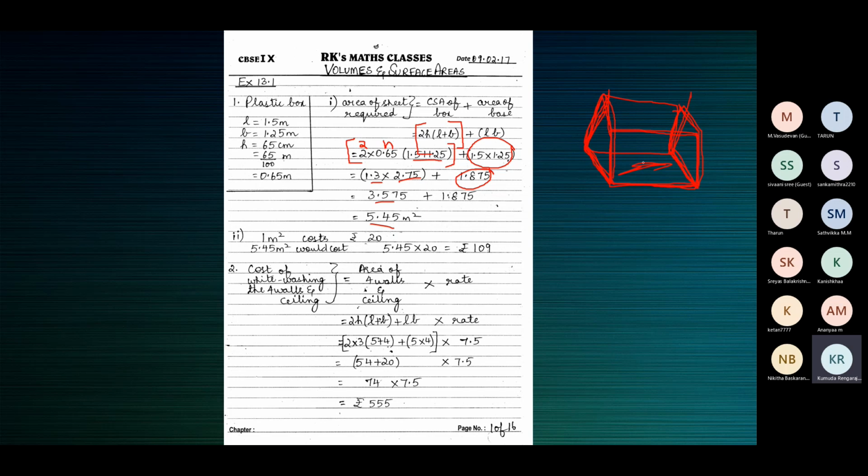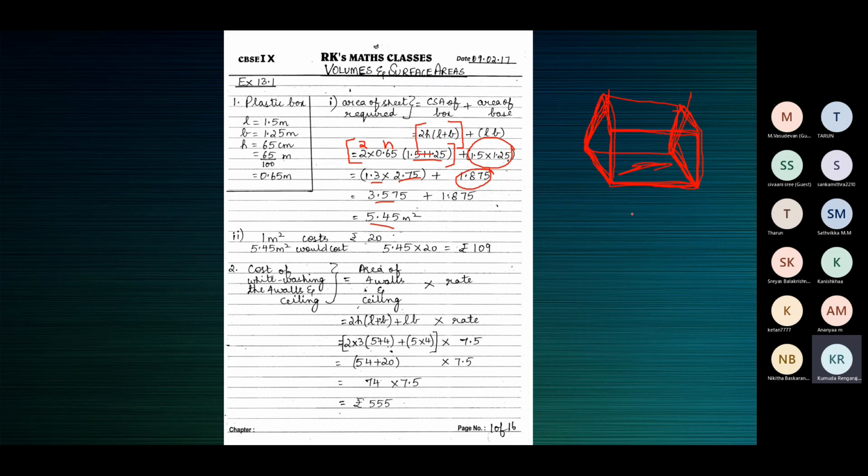The area of the top and bottom face is L into B. Top also L into B. So the area of any rectangle is not always L into B. There are 6 rectangles here. It depends.